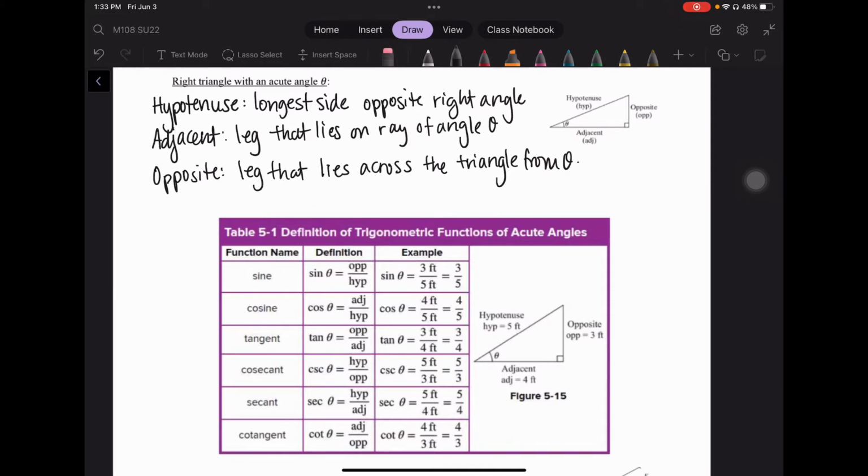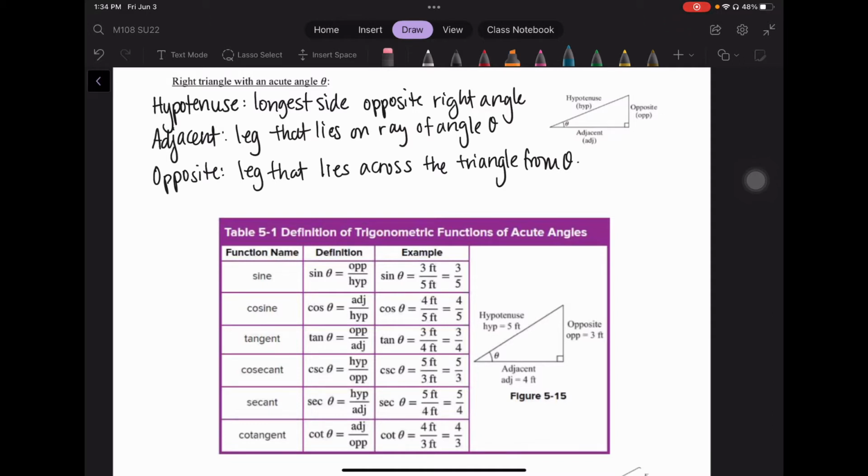And they're defined for us here where sine is opposite over hypotenuse, cosine is adjacent over hypotenuse, tangent is opposite over adjacent, and then cosecant is the reciprocal of sine, secant is the reciprocal of cosine, and cotangent is the reciprocal of tangent.